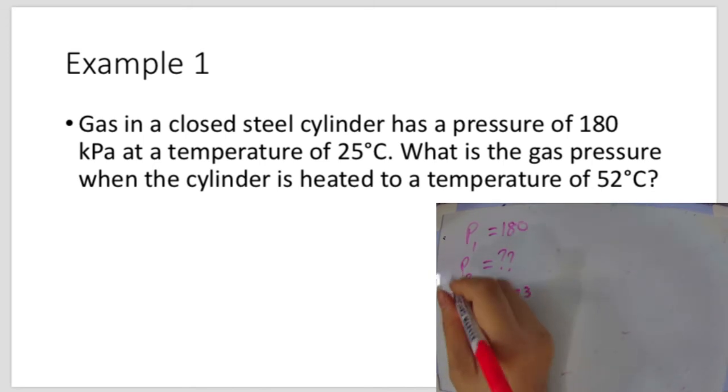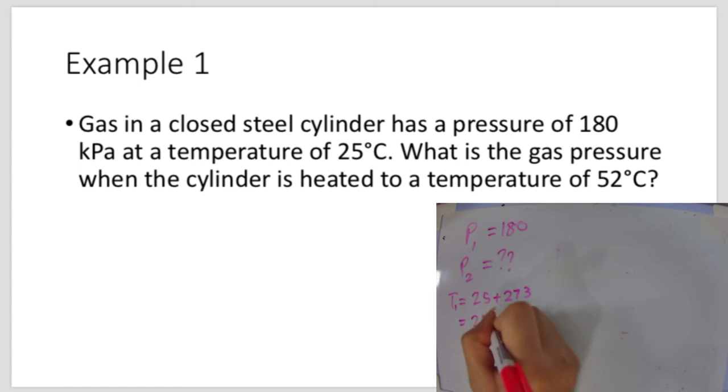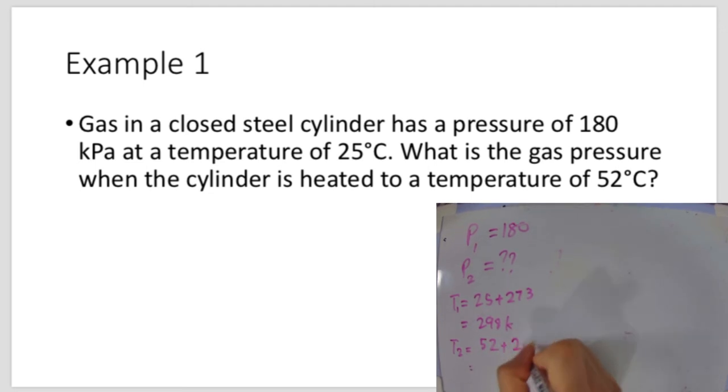So temperature in the beginning is 298 Kelvin. Temperature at the end, or final temperature, 52 plus 273 equals 325 Kelvin.